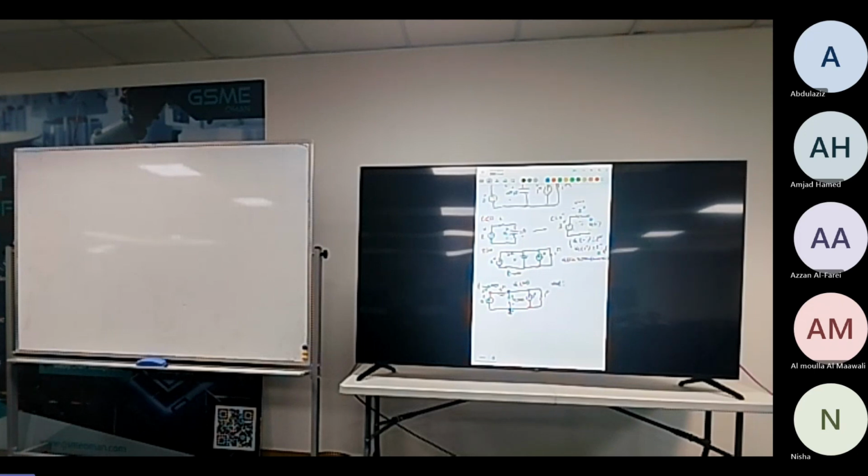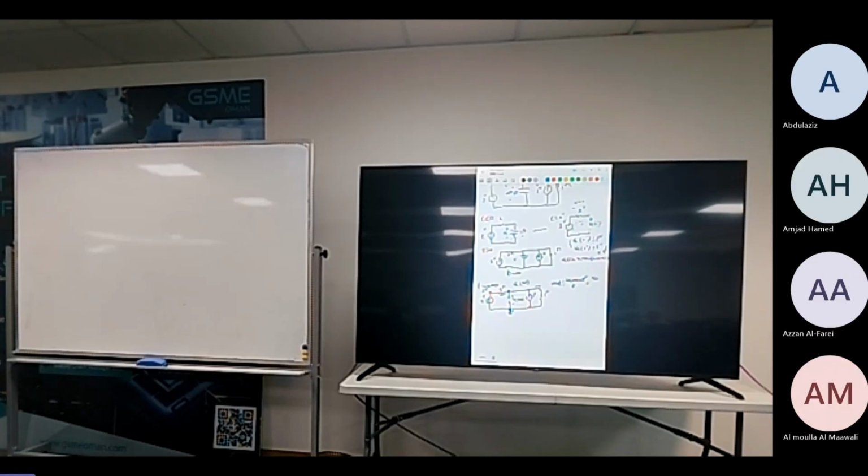I write KCL. This current is V minus 2 volts over 4. This current is V minus 0 over 1. And this current is coming inside, minus 1, equals to zero.